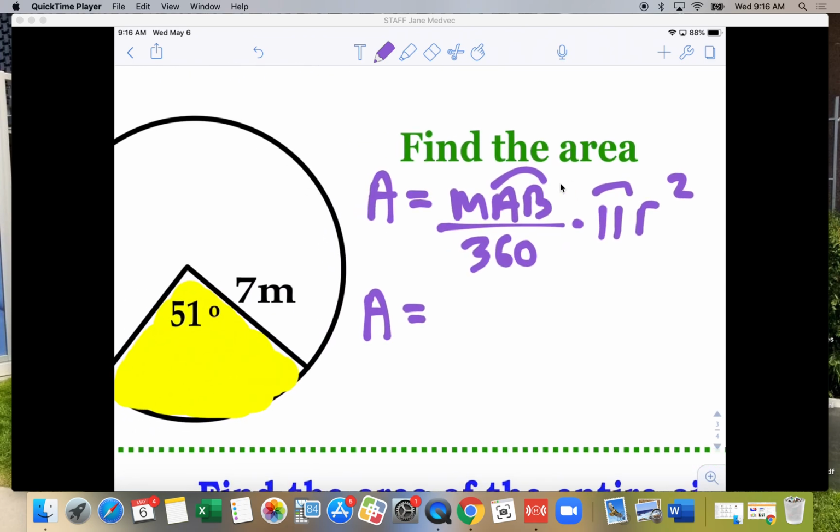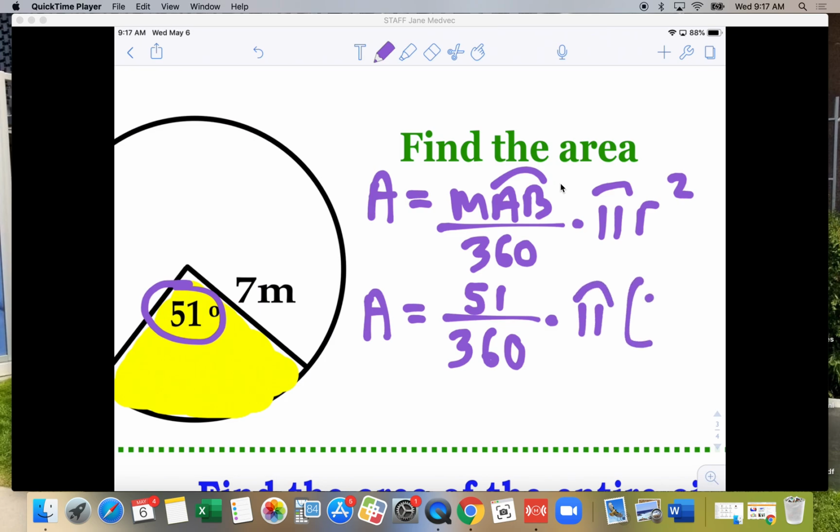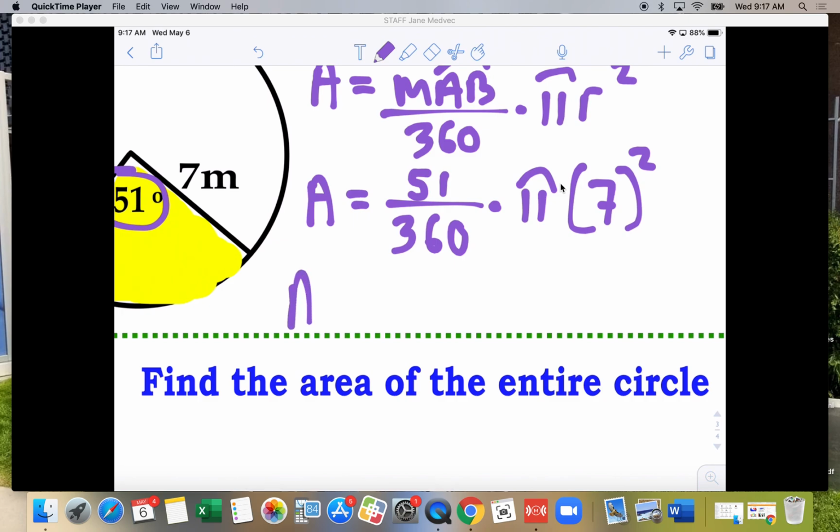You're going to know the measure of the arc is the same thing as the central angle. So 51 over 360 times pi times the radius, which is 7 squared. And practice that with your calculator.